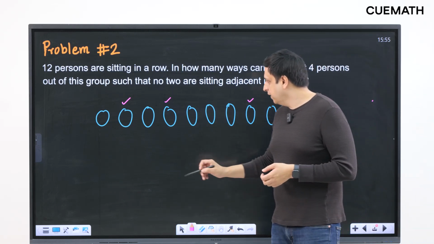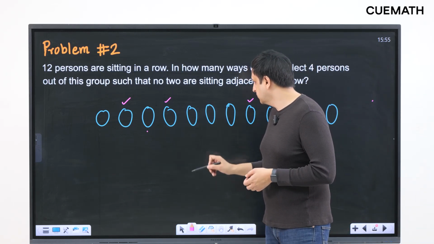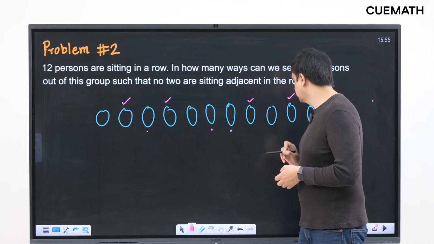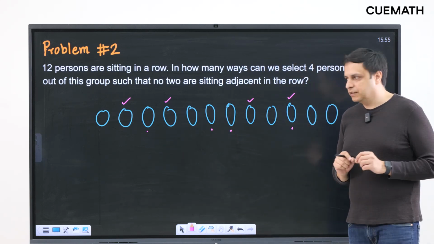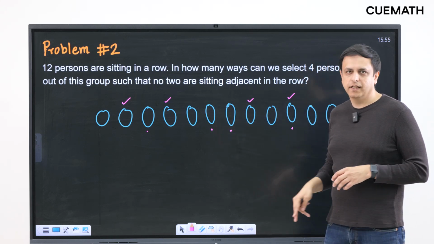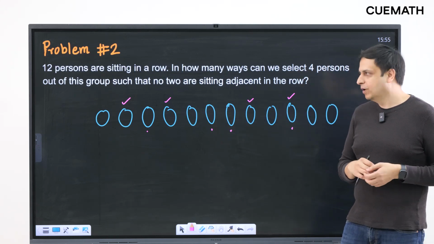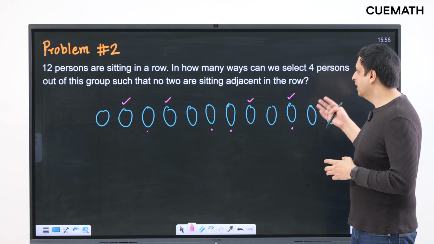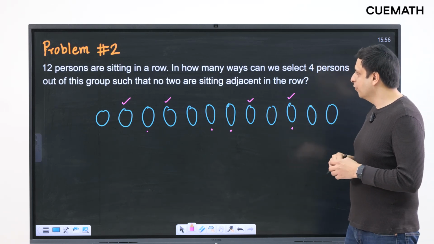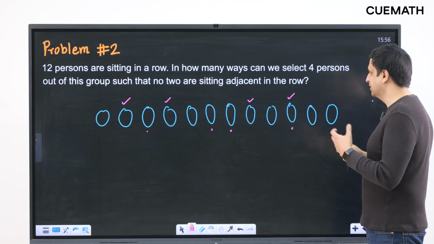But on the other hand, if I select, let's say, this one, this person, this person, this person, and this person, now this is not a valid selection because these 2 people I have selected, they are sitting adjacent in the row. So I have to count the number of valid selections, the number of ways in which I can select 4 people such that no 2 are sitting adjacent.